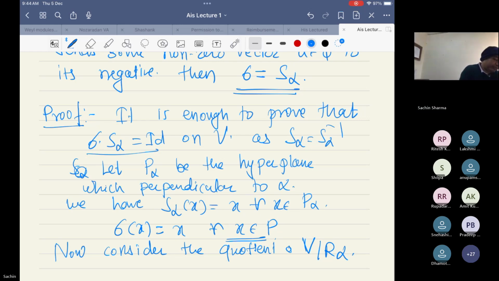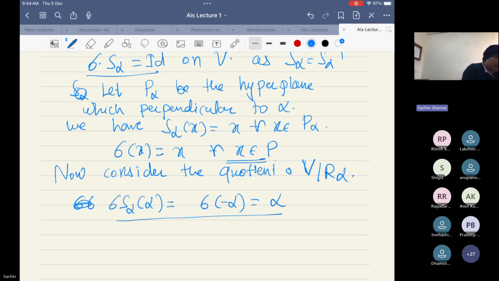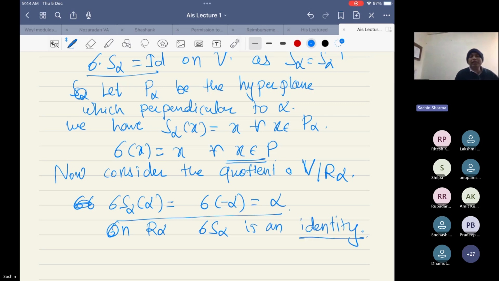Because on alpha, sigma of S alpha of alpha is nothing but sigma of minus alpha, and sigma maps alpha again to a multiple of alpha. So on R alpha, sigma S alpha is an identity. So consider the quotient.